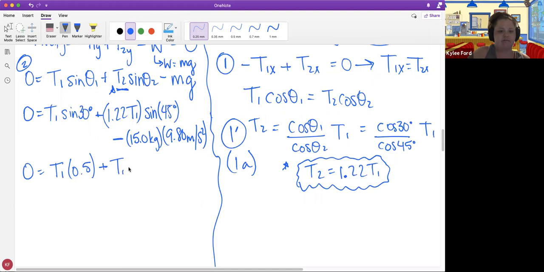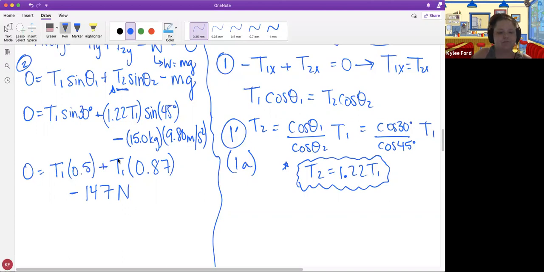And then again, I have my T1. And then I'm going to take sine of 45 degrees and multiply that by 1.22, which is going to give me 0.87. Then I'm going to multiply these last two values, 15 times 9.8, and that gives me 147 newtons.